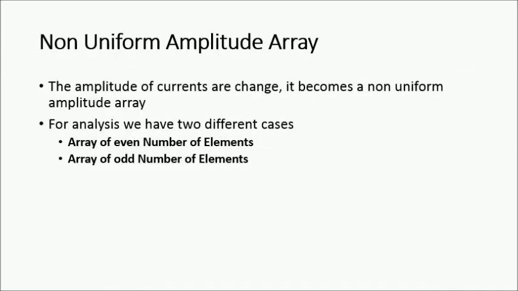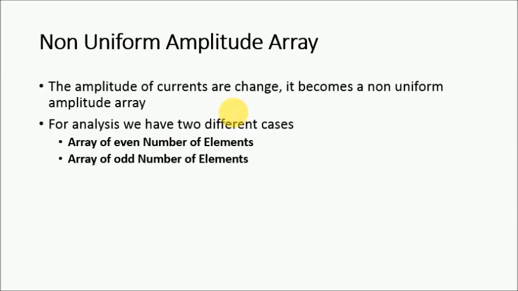Now we will see the non-uniform amplitude arrays. In the previous part of this video lecture, we have seen the arrays with uniform spacing, uniform amplitude with the same amplitude, and a progressive phase shift between the elements.